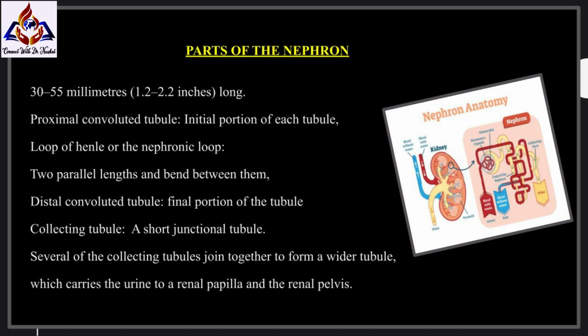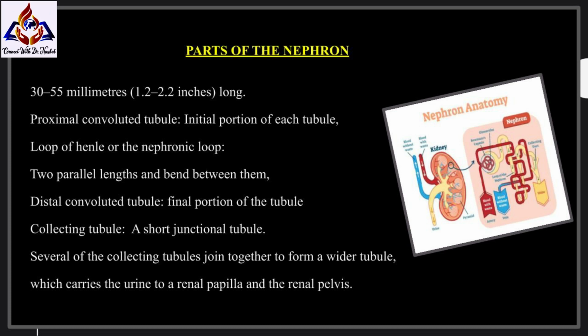Urea, together with water and other waste substances, forms the urine as it passes through the nephrons and down the renal tubules of the kidney. The tubules of nephrons are 30 to 55 millimeters, or 1.2 to 2.2 inches, long.